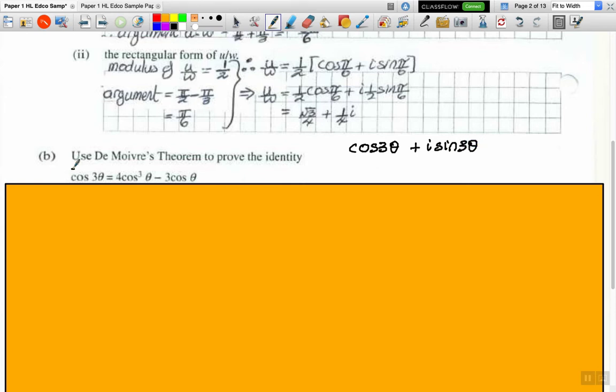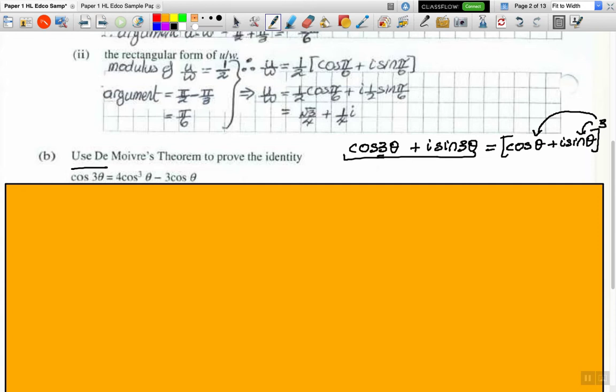So when you see the cos 3 theta, you're prompted to think of this. And if you're prompted to think of this, then you're looking at cos theta plus i sine theta. You're looking at De Moivre's theorem in reverse. De Moivre's theorem says if you've got a power of 3, you can bring it before the theta, the argument, and multiply. So therefore you've got to spot that if you've got 3 in front of theta, you can bring it out and write it as a power.